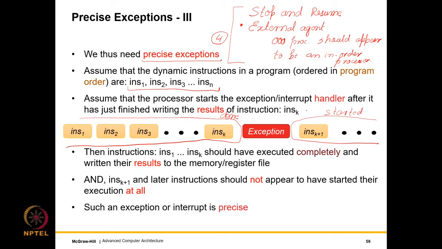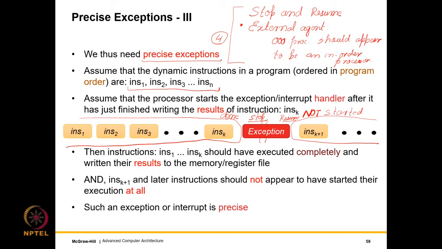I should have a not started in bold, right, not started, and these are done, and this is of course where we have the exception. So we have an option at this point of stopping the program, storing its state, which is easy. We just need to store the value of the architectural registers at this point, process the exception, and resume.